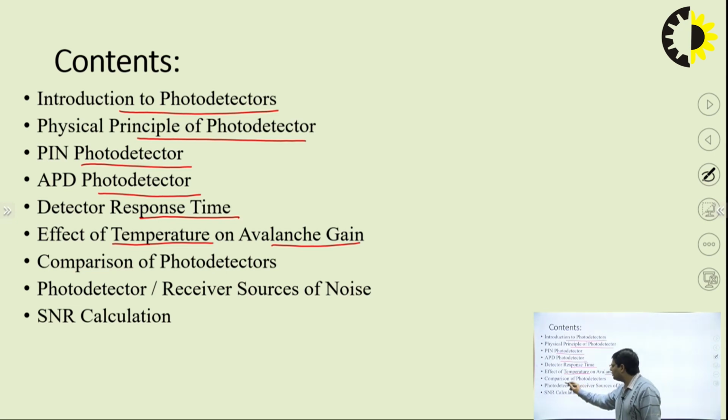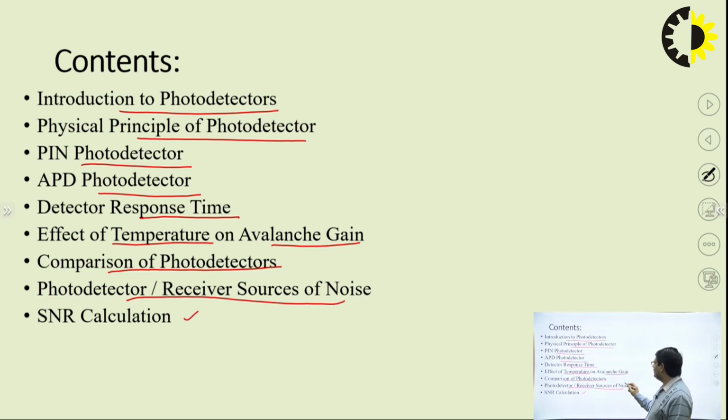Then we can compare different types of photodetectors based upon various parameters and depending upon the material used for fabrication of photodiodes or photodetectors. Finally, we can calculate the signal to noise ratio with the help of different sources of noise or error present in the photodetector or in the optical receiver part.